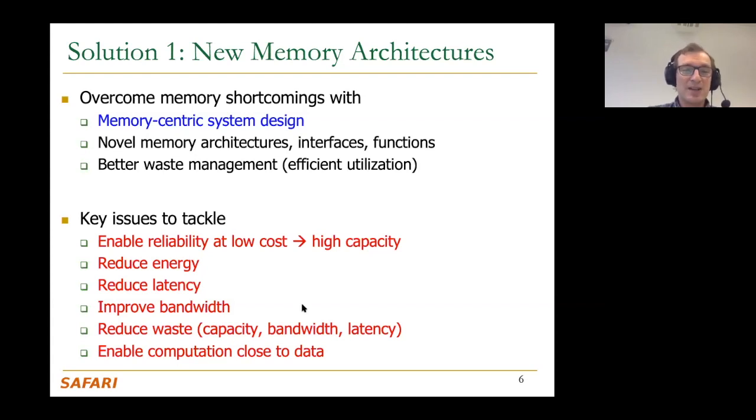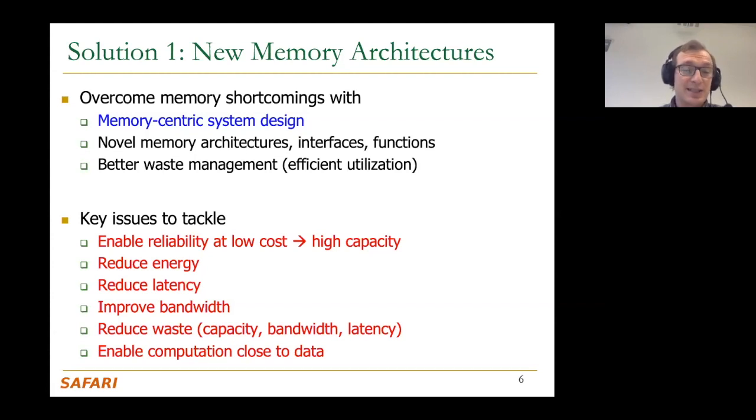On top of that, I think enabling computation close to data gets rid of a lot of the data movement bottleneck that we discussed earlier. Remember that I talked about a paper that we wrote with Google that showed that more than 60% of the entire system energy is spent on data movement. And if you enable computation close to data, then you get rid of that data movement.